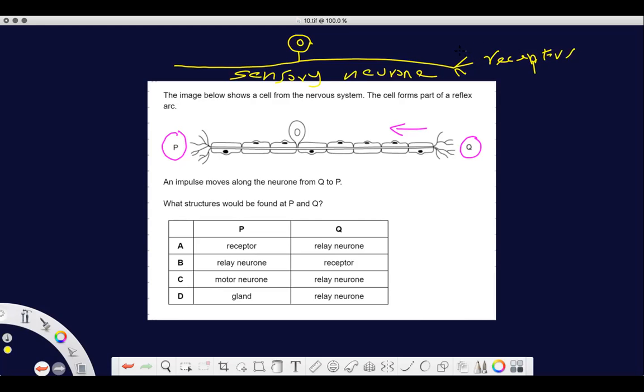According to this figure, the nerve impulse is going Q to P. So receptors detect the energy level, the heat or whatever, the stimulus, and then it goes through the sensory nerve to the other end. The other end is the next neuron located in the spinal cord. That is a relay neuron or intermediate neuron.